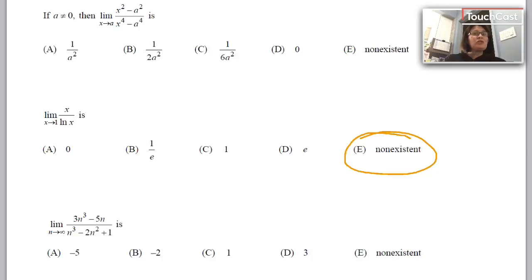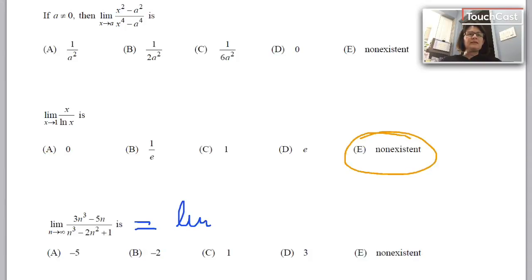I can't try to apply L'Hopital's rule because it didn't meet that original criteria, which is I have to have tried to take the limit and had a 0 over 0 problem, or an infinity over infinity problem. This last one here, I'm just going to find the limit as n goes to infinity of 3n cubed minus 5n over n cubed minus n squared plus 1. I do have an infinity over infinity problem there.